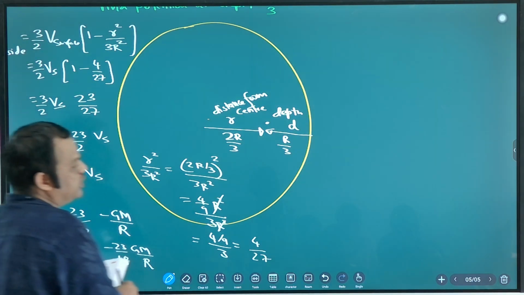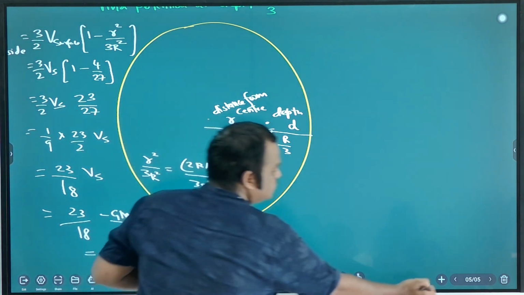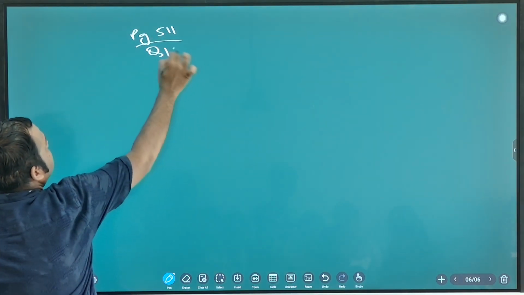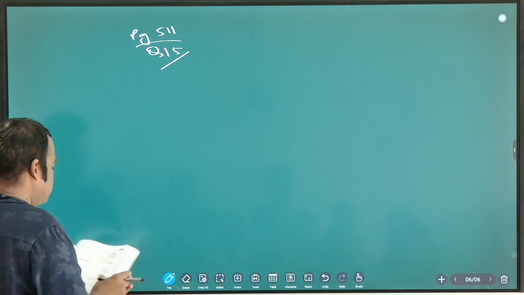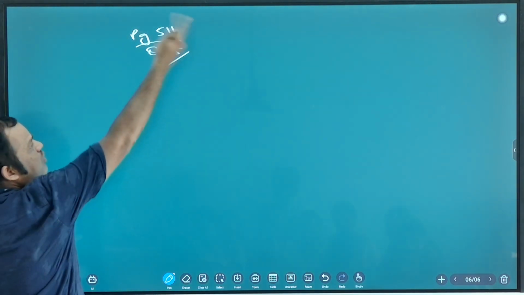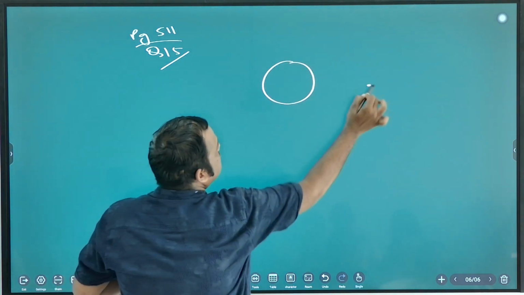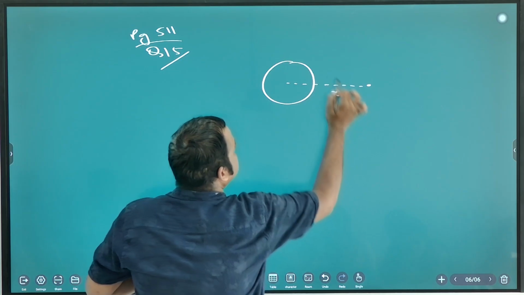Okay, so page 511, question 15. This is not an inside question, it is an outside question. Potential outside, tell me what is potential outside. Suppose R distance, what is potential here?